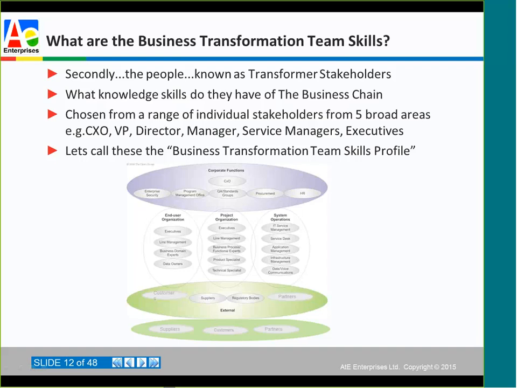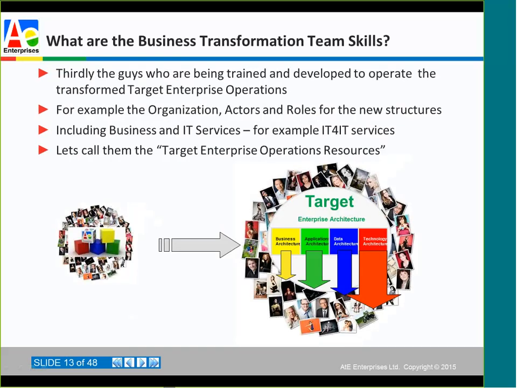They may be part of a new organisation which hasn't been defined yet. They may be going to use new services like IT services, so IT for IT type services. There may be people doing business for business services, and we're going to call these the target enterprise operations resources.